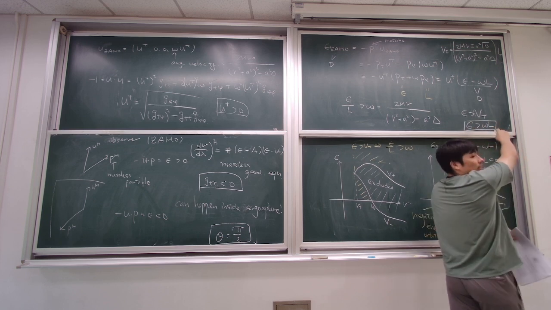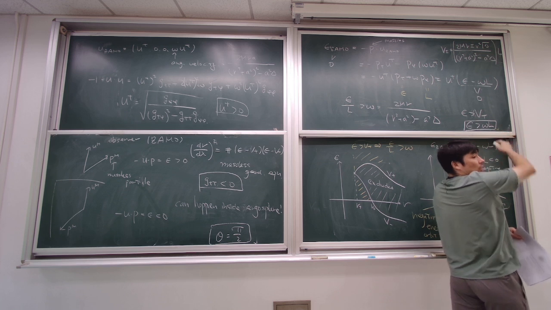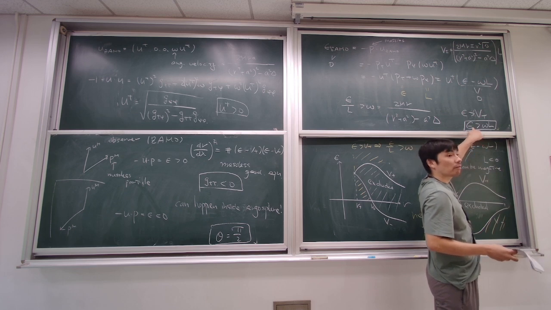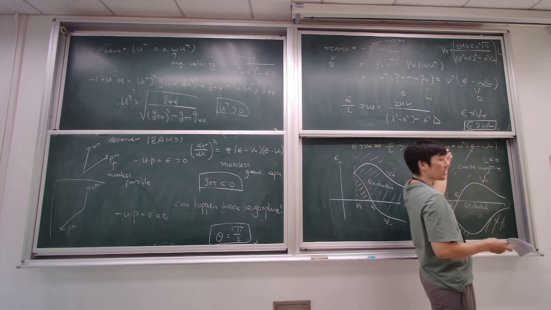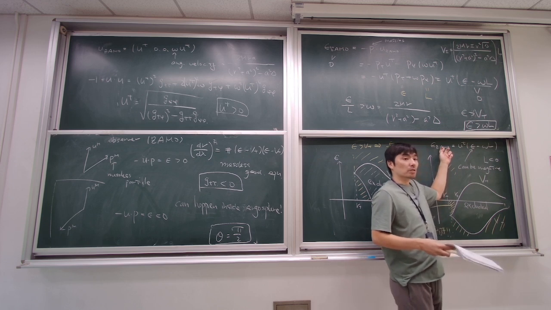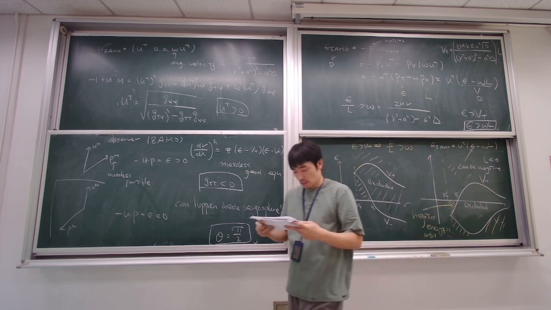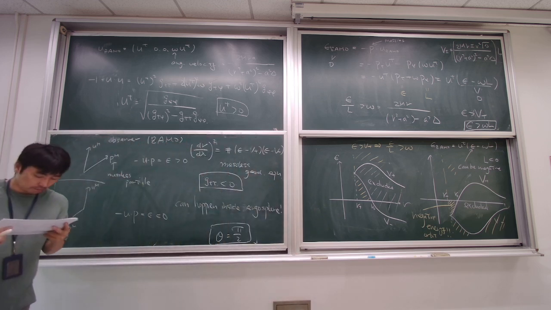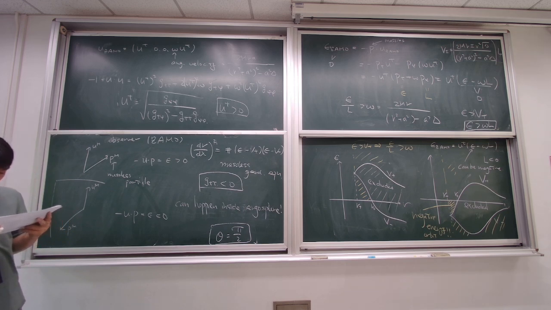Since the right hand side is negative already, because of the counter-rotating, epsilon can be negative, but the energy measured by the ZAMO is positive. So that's what I meant.